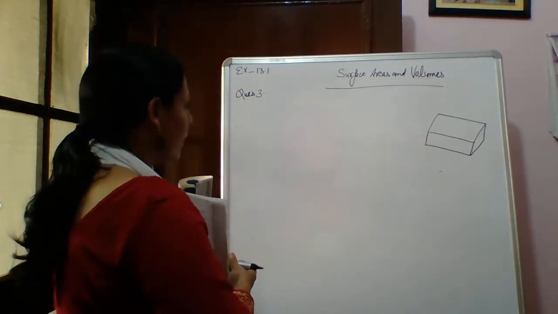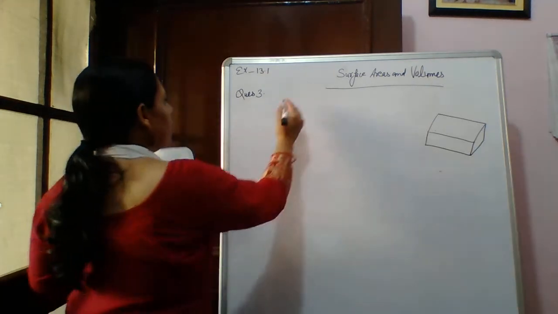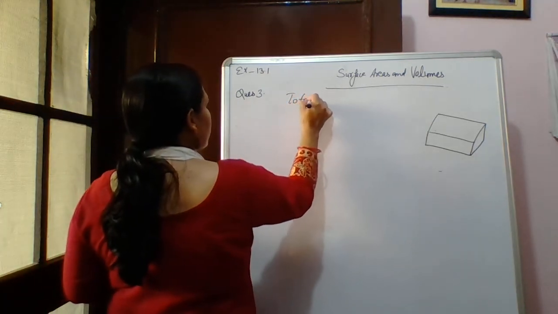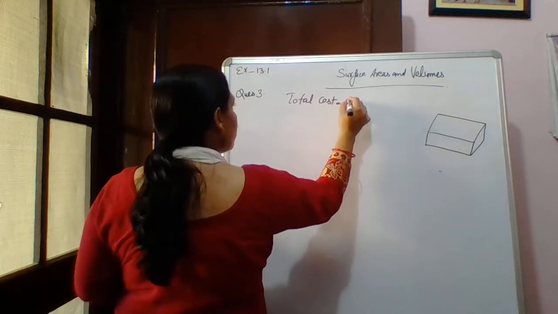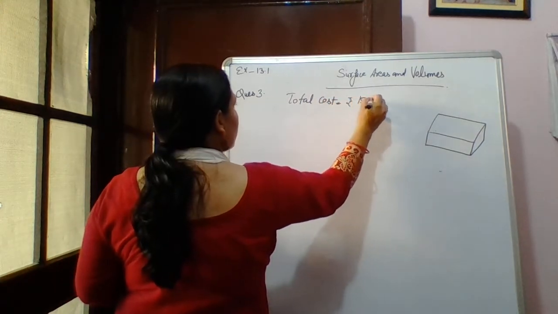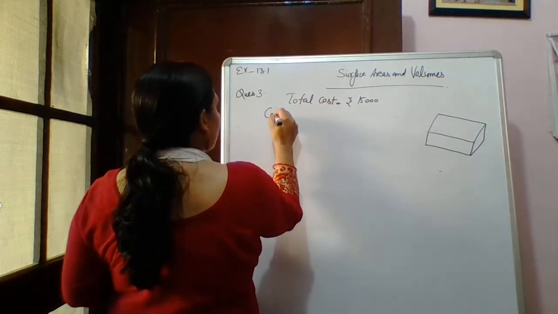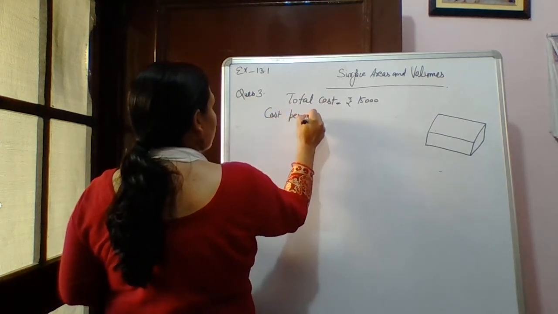First of all, we will write the given things. Total cost is given as rupees 15,000.